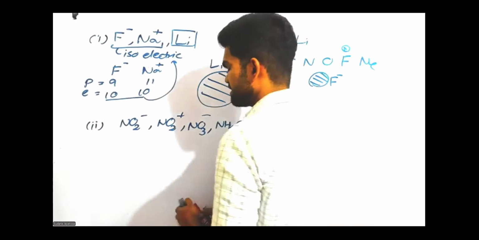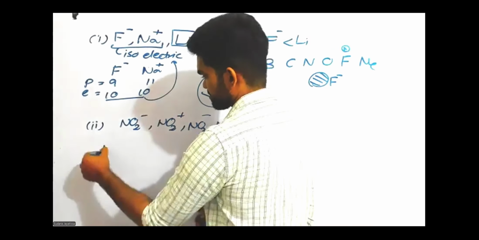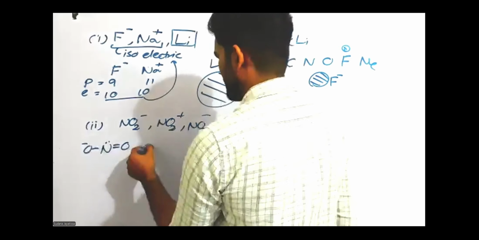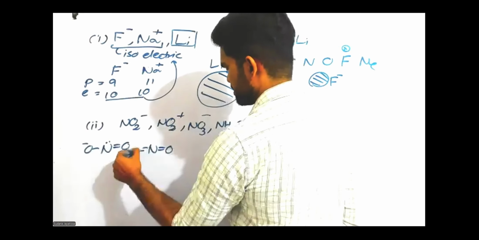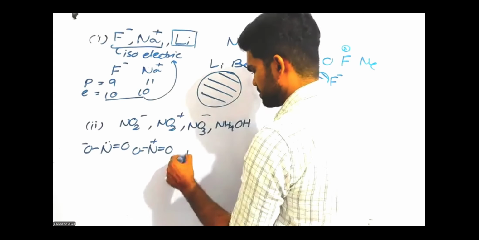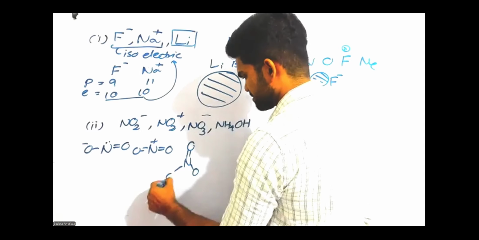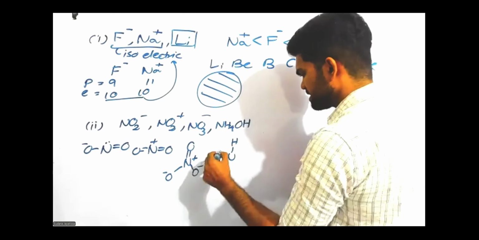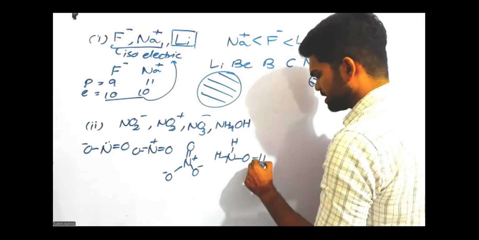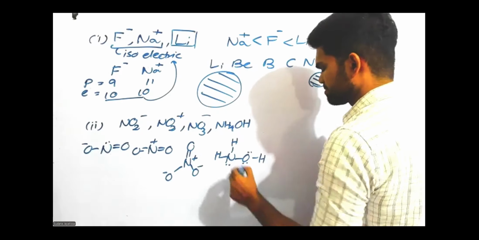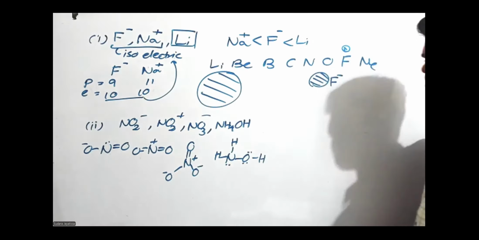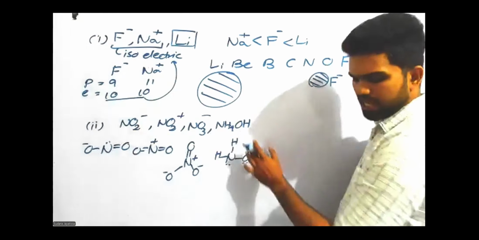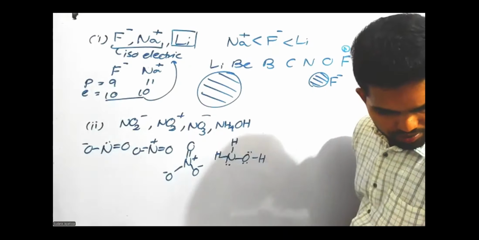So we need the Lewis structures of them. NO2 minus, this is the Lewis structure. And NO2 plus, this is the Lewis structure. NO3 minus. And NH2OH, I gave you the skeleton during the exam. It should actually be NH2OH, no?